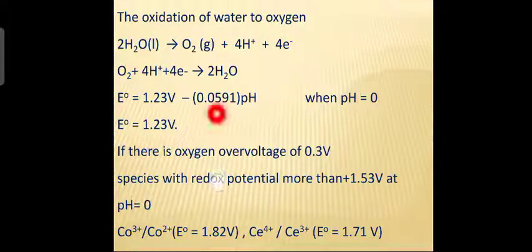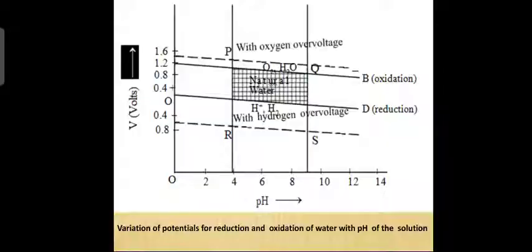Okay. If there is an oxygen overvoltage of 0.3 volts, then the species with redox potential more than plus 1.53 volts at pH equal to 0 would be reduced. So, cobalt 3 plus to cobalt 2 plus and cerium 4 plus to cerium 3 plus, these are the values.